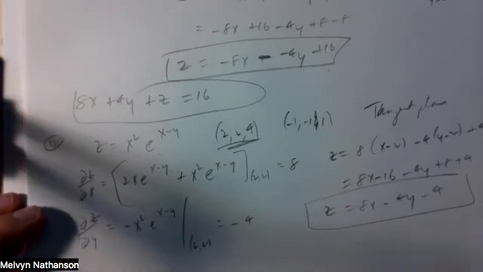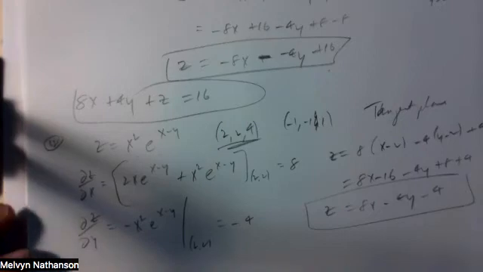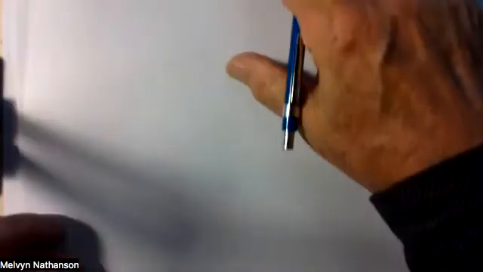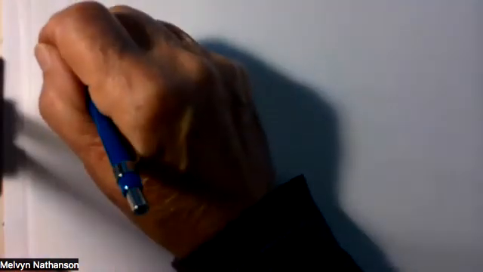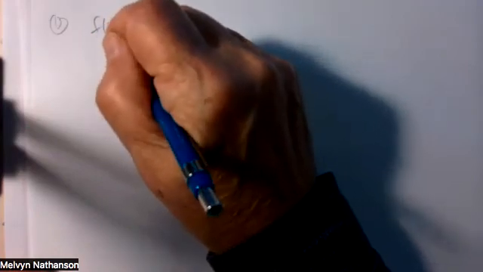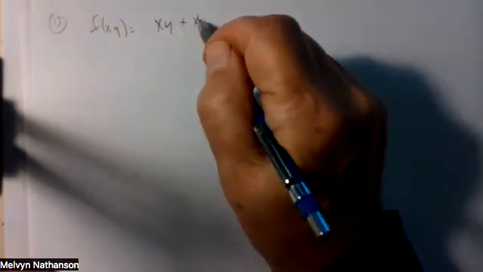Now, the important application of tangent planes is as a linear approximation. So 13 and 14 are just calculating linear approximations. In problem 13, we have f of x, y is xy plus x minus y.